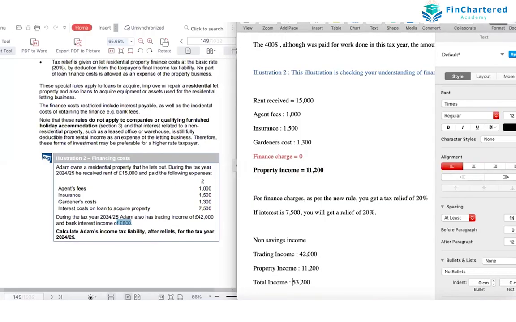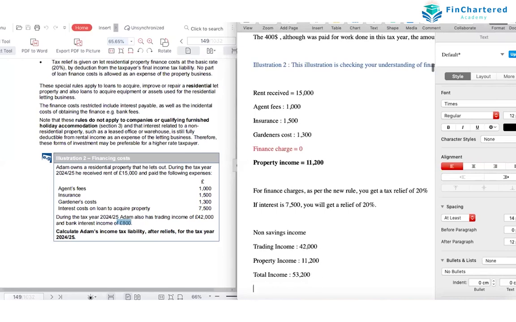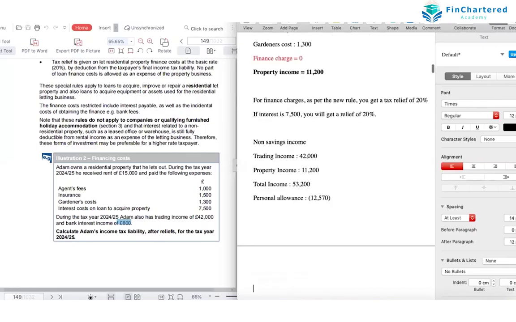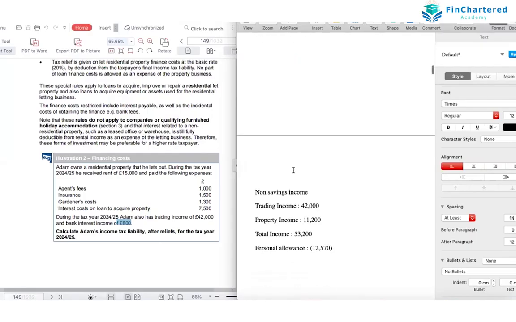Now you know that there is something known as personal allowance. So you deduct the personal allowance because he is under 100,000. You deduct the personal allowance of 12,570. There's nothing new here. So if 12,570 is deducted, how much is the taxable income, guys? 53,200 minus 12,570.